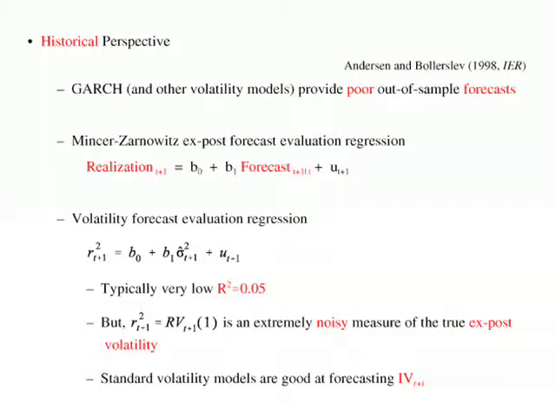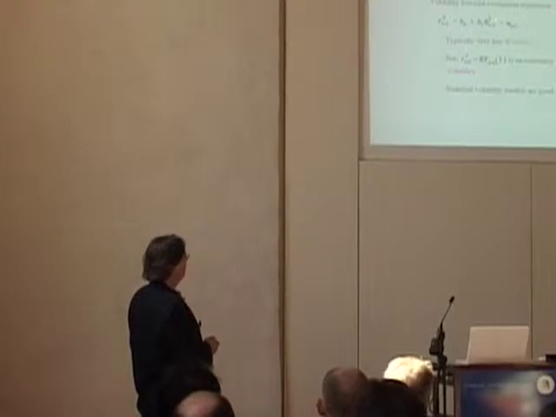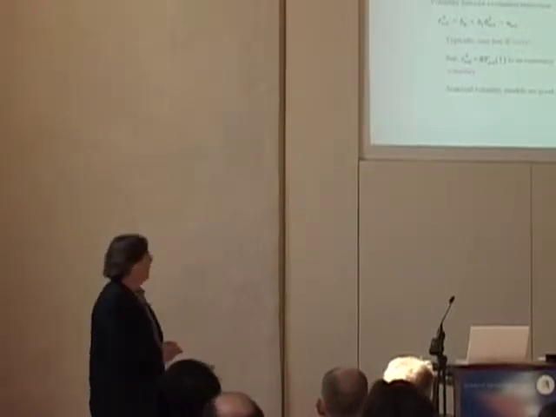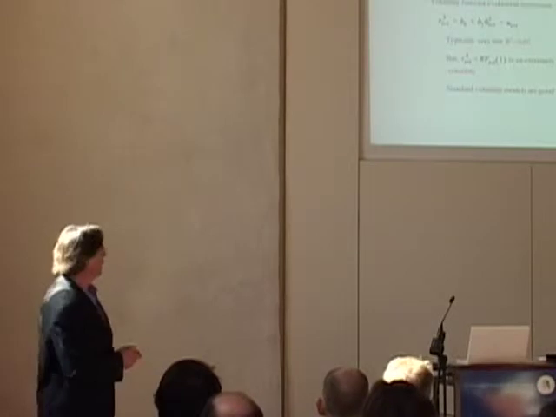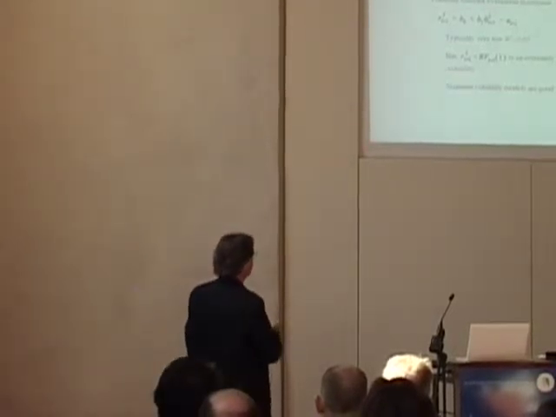You can think about the R squared from that regression as a measure of how good a model you really have. The papers I mentioned in finance were doing exactly that, asking whether these volatility models are good at forecasting the volatility. They took the daily squared returns and regressed them on a forecast from any one of these different ARCH-GARCH models. When they did that, they typically found very, very low R squares, and people went on to write papers and speculate that all these ARCH-GARCH models were no good.